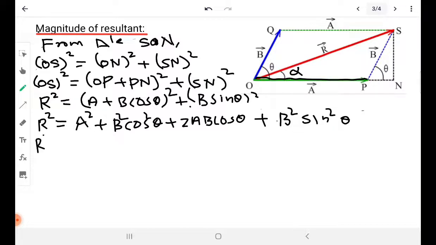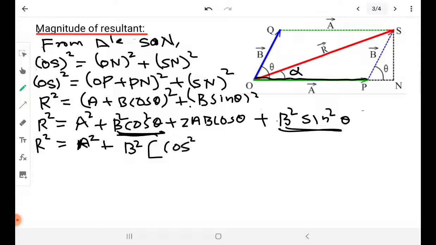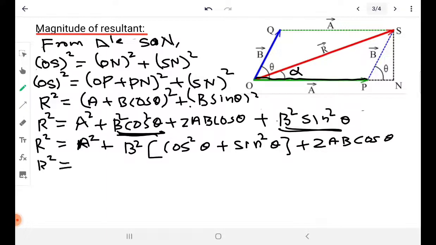Next step, now this implies R square is equal to A square plus, here we can see B square cos square theta, and here we have B square sin square theta. We can take B square as common, B square into cos square theta plus sin square theta, plus 2AB cos theta. We know that cos square theta plus sin square theta is equal to 1.